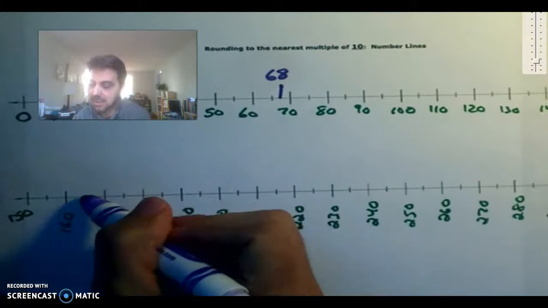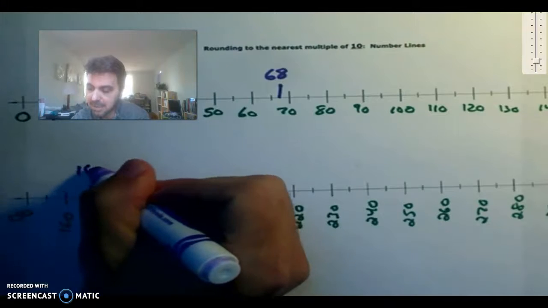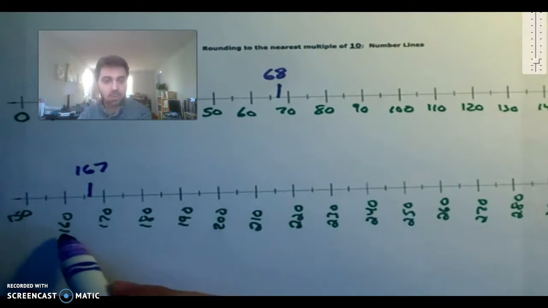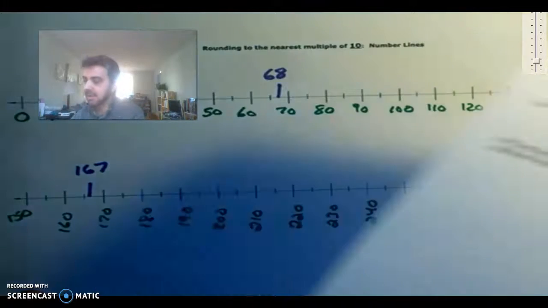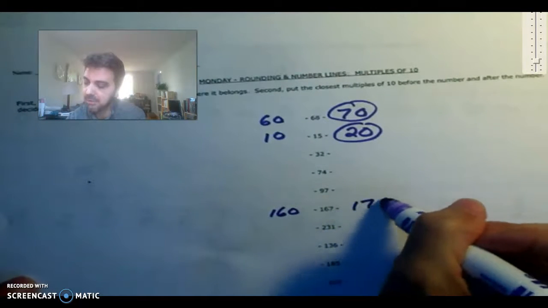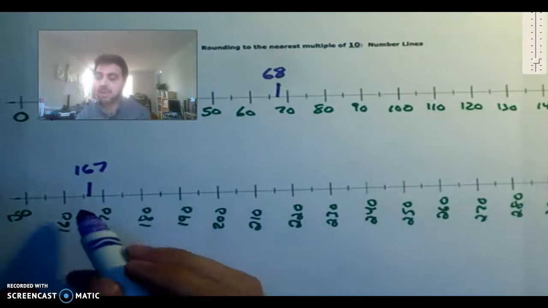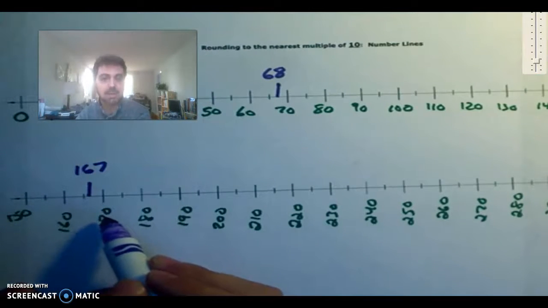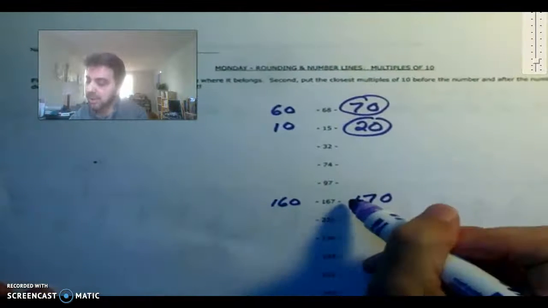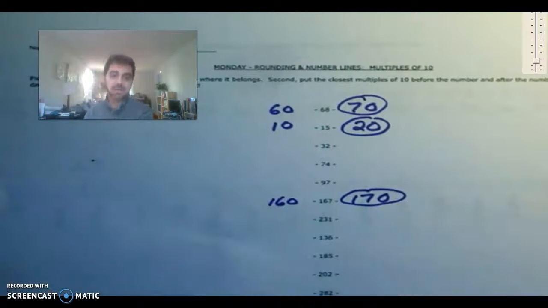I know that's 165 right there, so 167 is probably just a little bit past that, so right about there. Okay? So I can see it's between 160 and 170. So over here I'm going to write 160 and 170. Now which one is it closest to? Well, you can see that it's closest to 170. It's only 3 away from 170, and it's 7 away from 160.